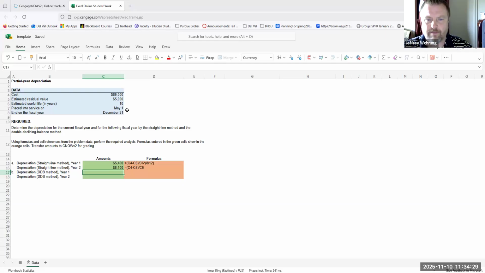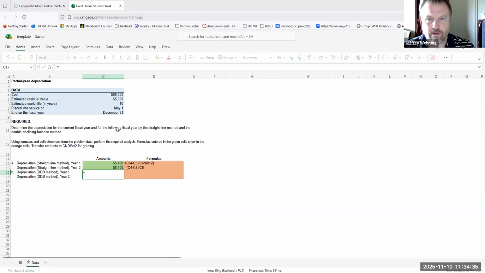But double declining balance means that we're going to use twice that, so 20%. So, okay, we can do this equals, start out same thing, cost minus our residual. And then we are going to multiply this by 20%, so 0.2, okay?